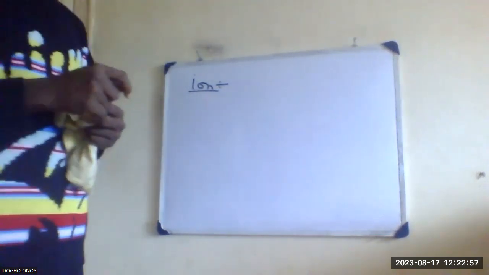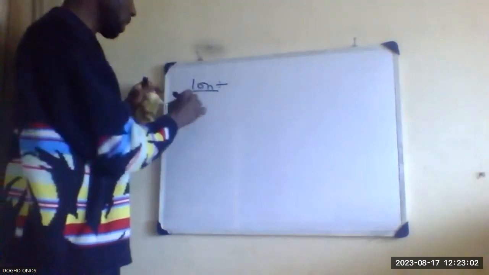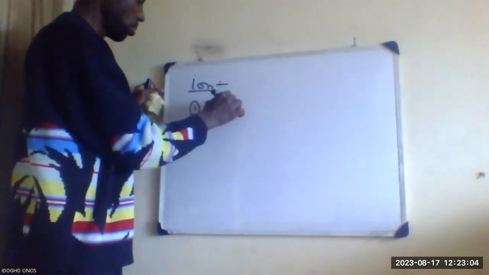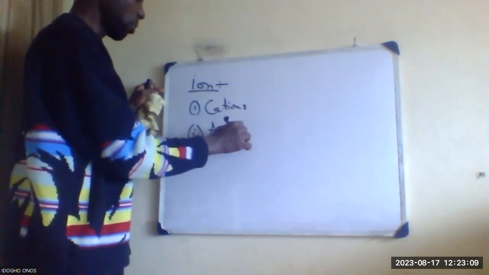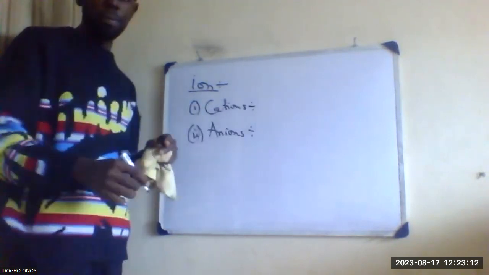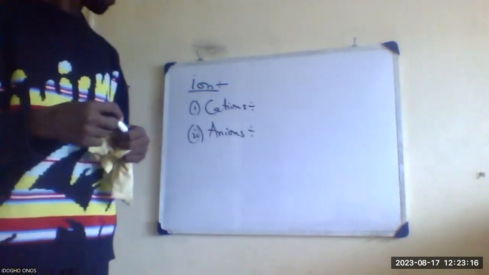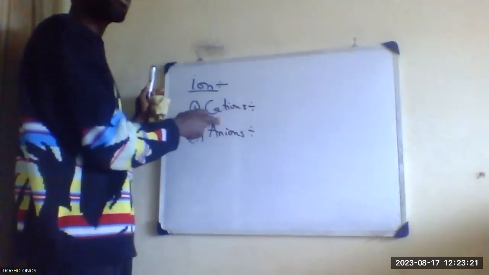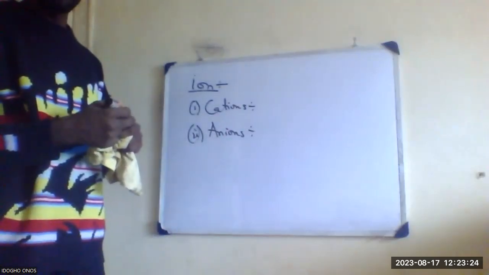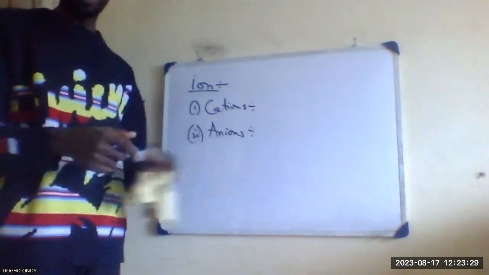There are two types of ions: we have the cations and the anions. By definition, the cations are positively charged ions, while anions are negatively charged ions.